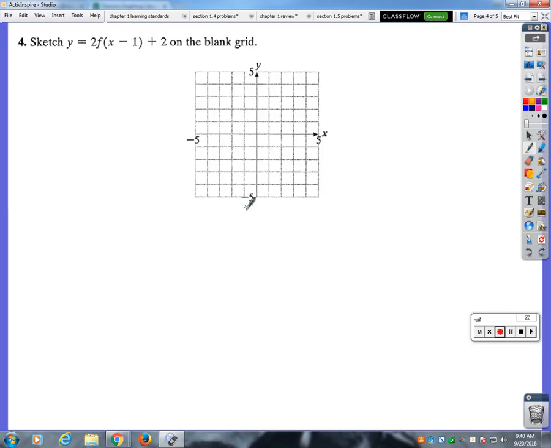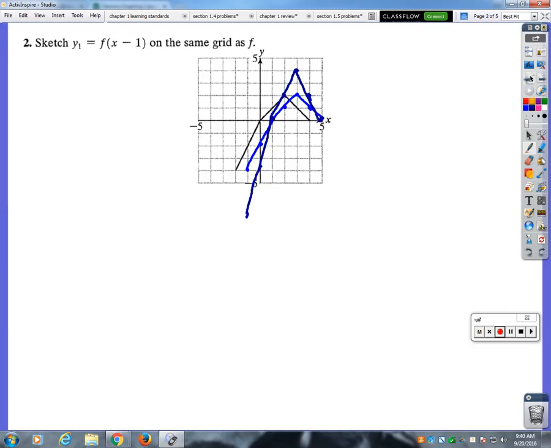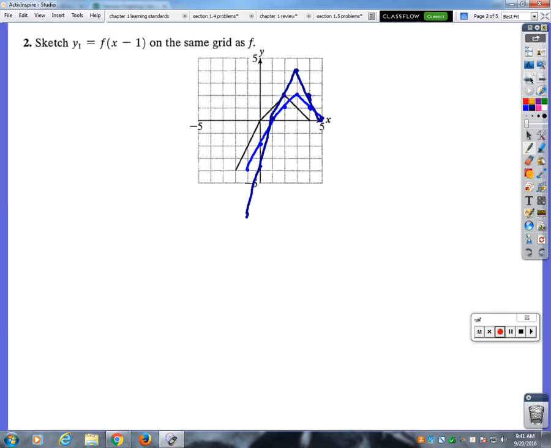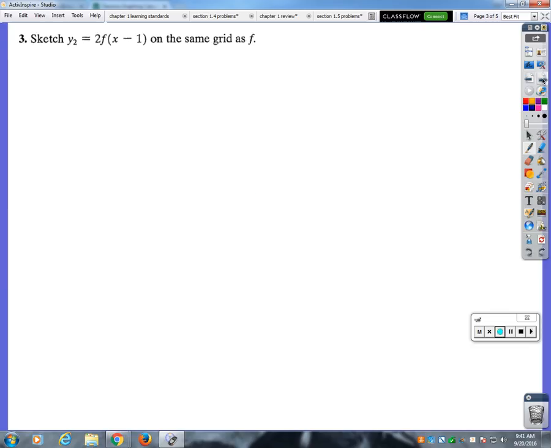So -1, -6 is about right there. This point right here, instead of being 0, -4, is now at 0, -2, because it's moved up 2. This point right here, instead of being at 1, 0, is now at 1, 2, because we're moving it up 2.